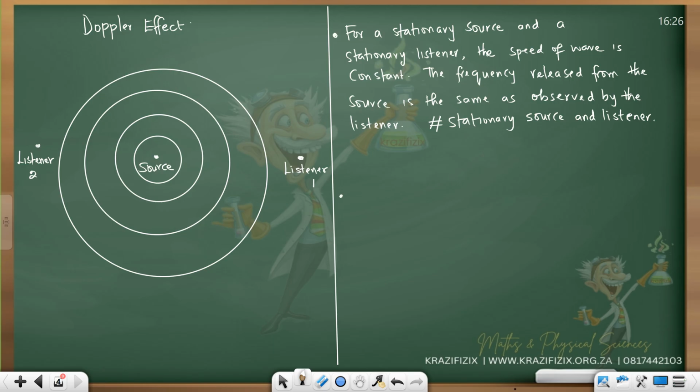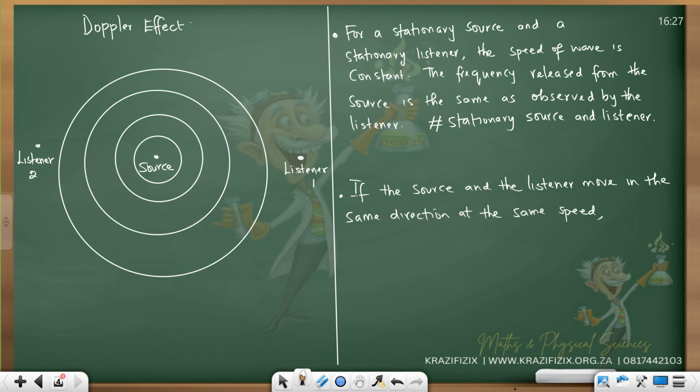Point 2. If the source and the listener move in the same direction, at the same speed, the frequency released is also the frequency observed.